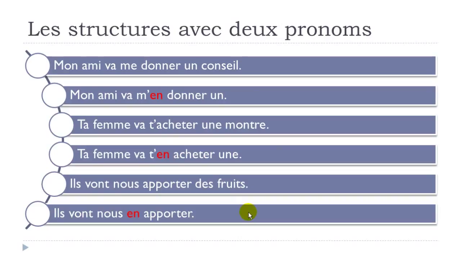So when you've got one verb, whether it's simple or composed, then it is before the verb. When you've got two verbs like here, so with first aller, then your verb, so donner here, remember that your pronouns will come before the second verb, okay? But then the order will stay the same.